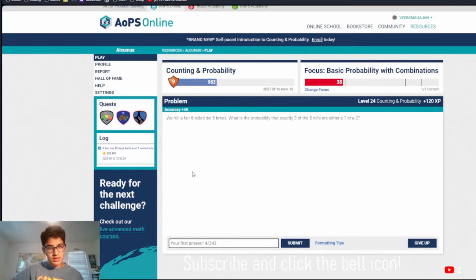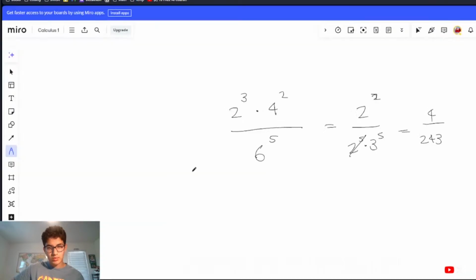You're rolling a fair six-sided die 5 times. Well, we don't care about the order, so I guess you could divide this by 6 factorial or something, but okay, wait, let's not do that.